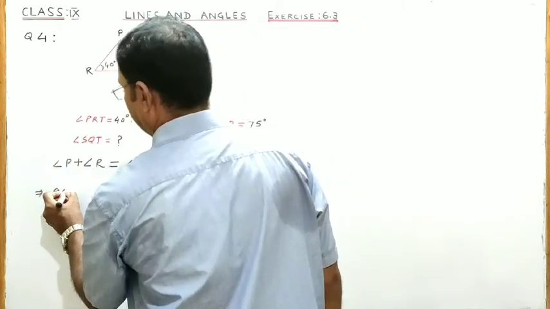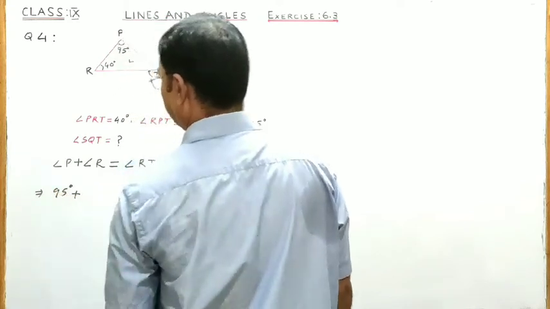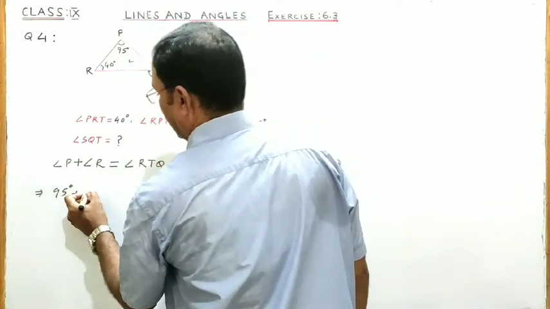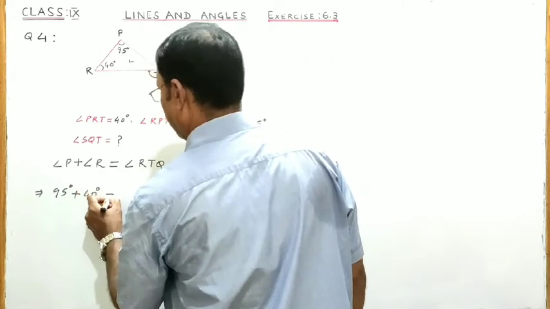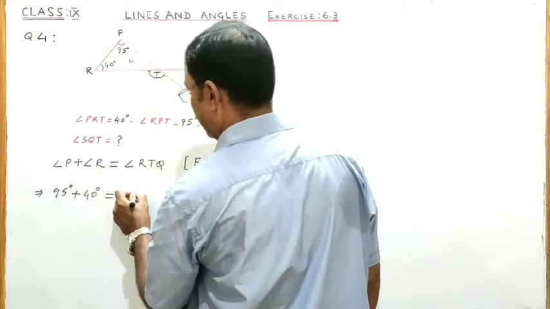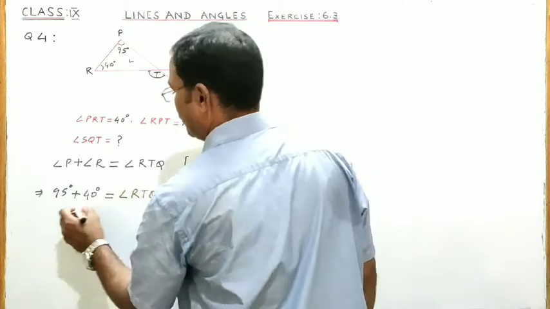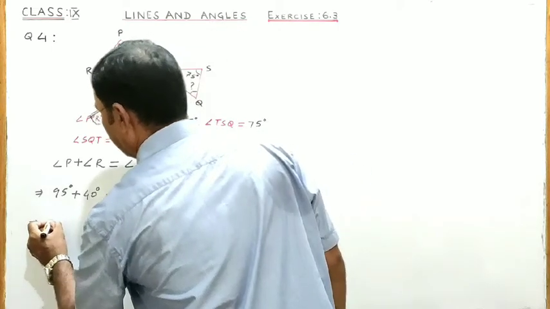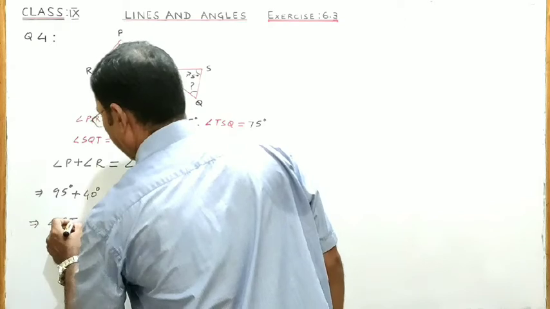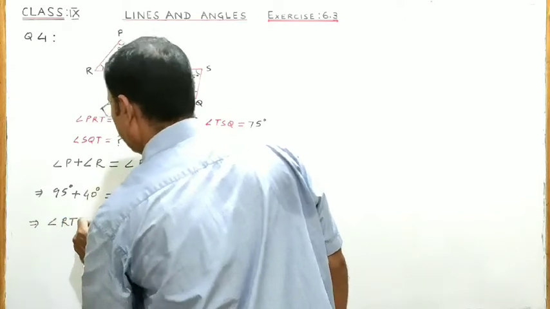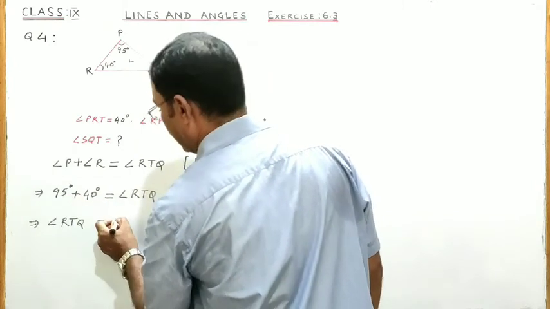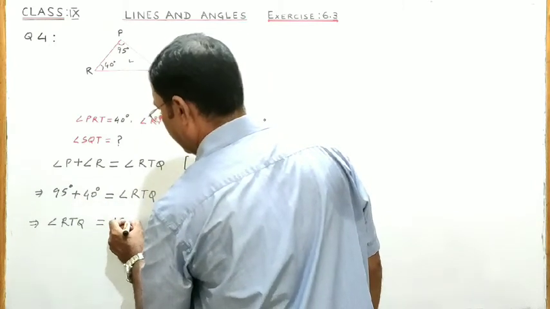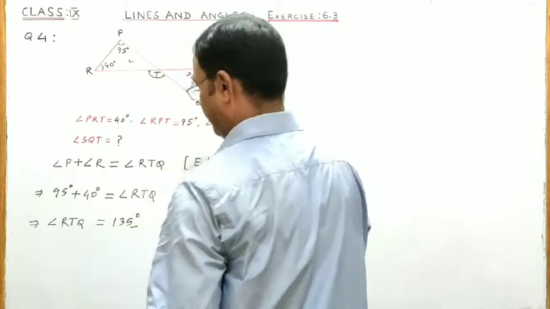Angle P 95 degrees, angle R 40 degrees equal to angle RTQ. So this implies angle RTQ is equal to 95 degrees plus 40 degrees, 135 degrees.